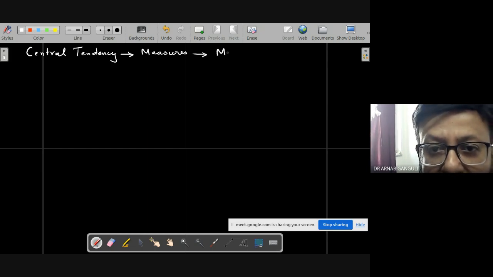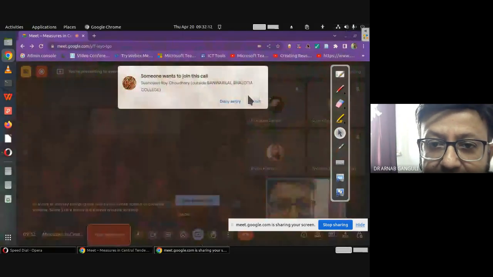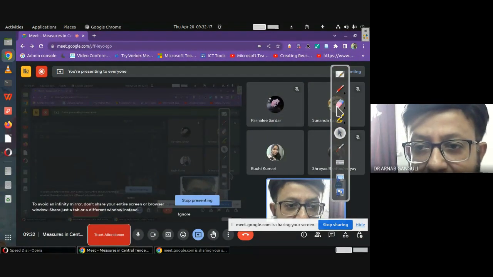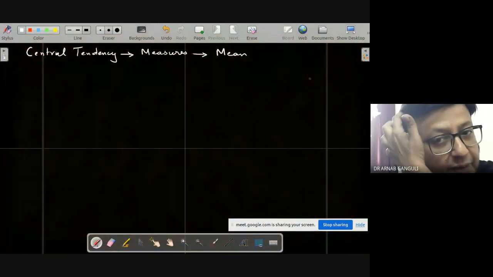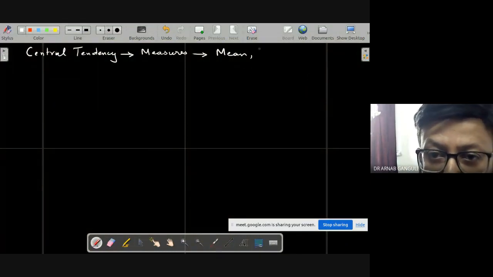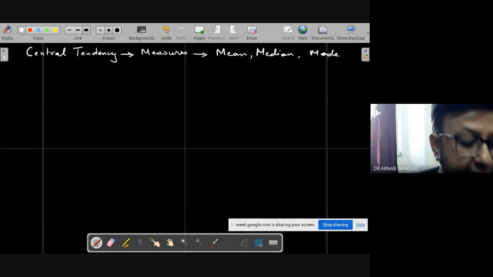First is the mean or arithmetic mean, median, mode, and all their variations. So let us talk about arithmetic mean.